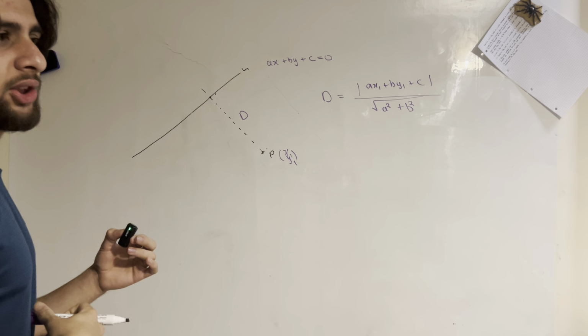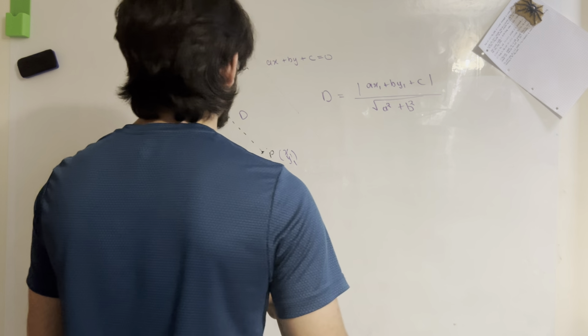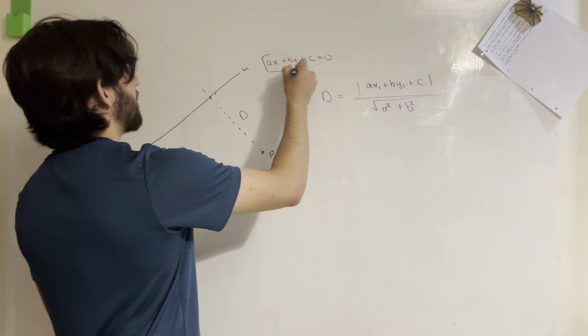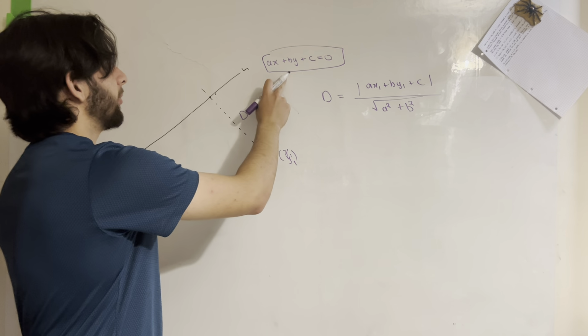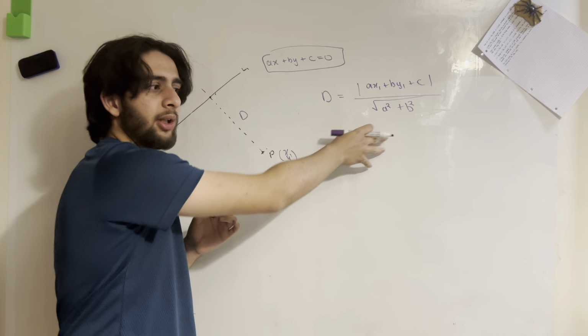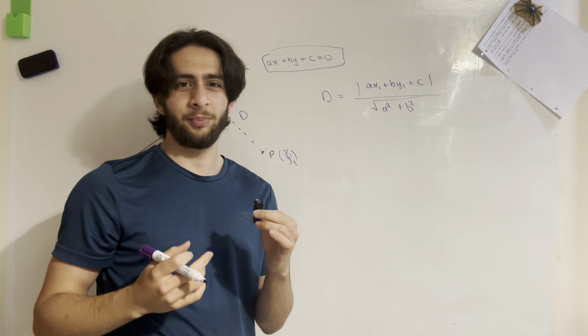But there's a more general way in which you can talk about this, and that is by considering vectors. So this is one nice way to represent a line, okay? And I highly encourage you, with the information that you have here, to try and derive this point distance formula, because it's not out of your reach at all.